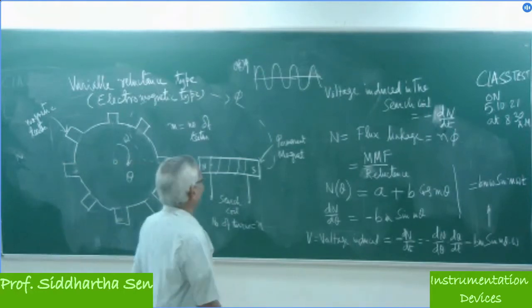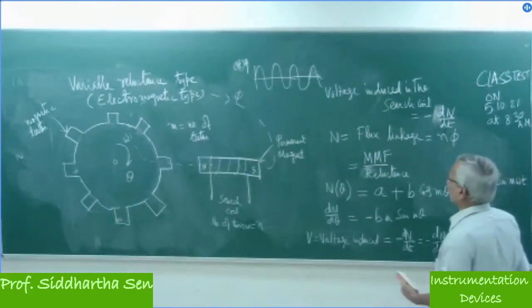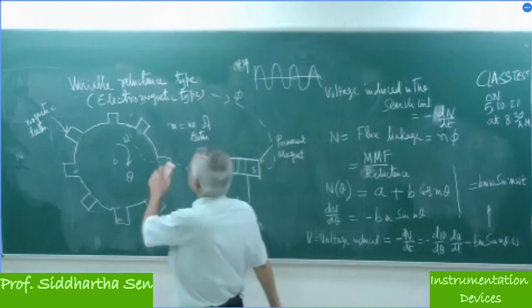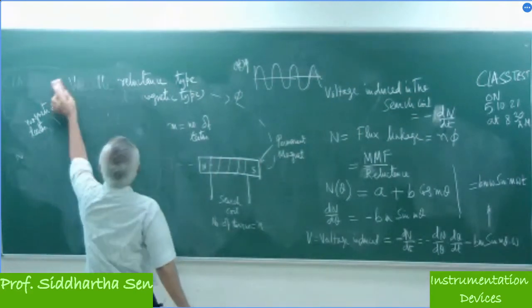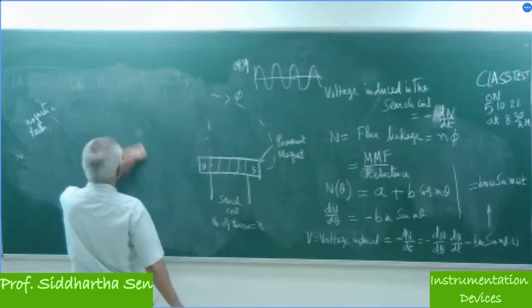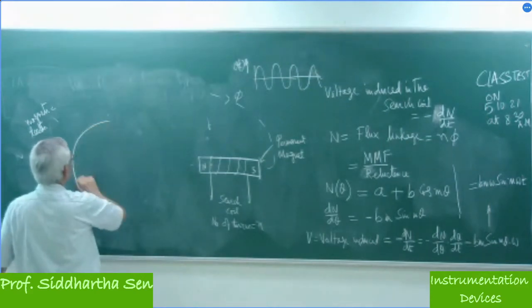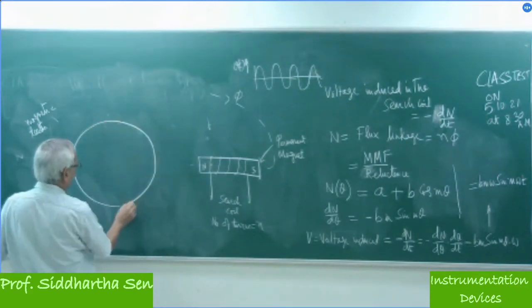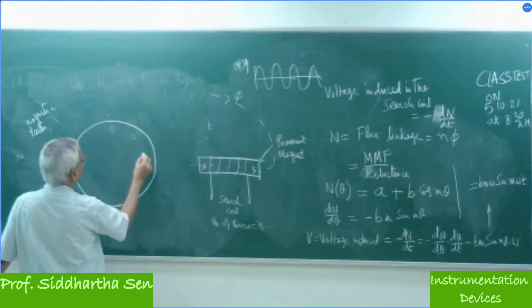And lastly, another type also frequently used is the optical method for speed sensing. We place some disc and we place several holes.